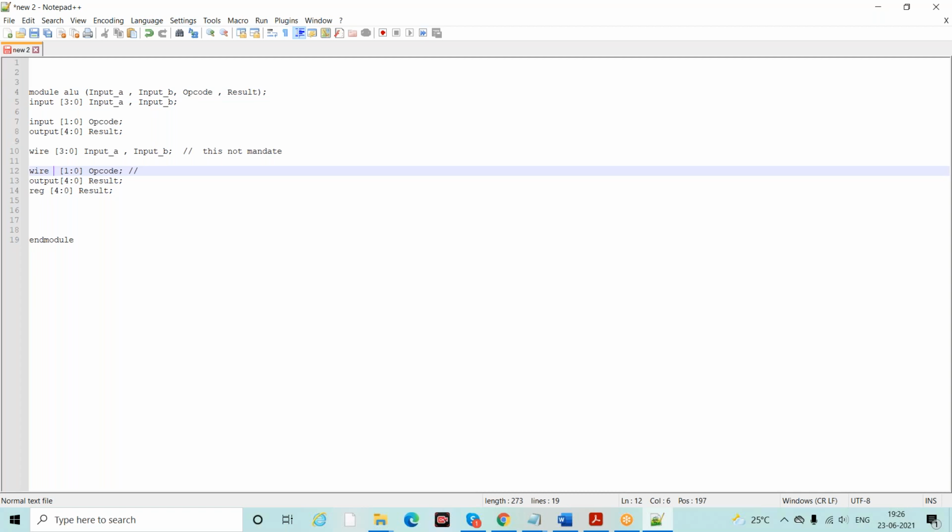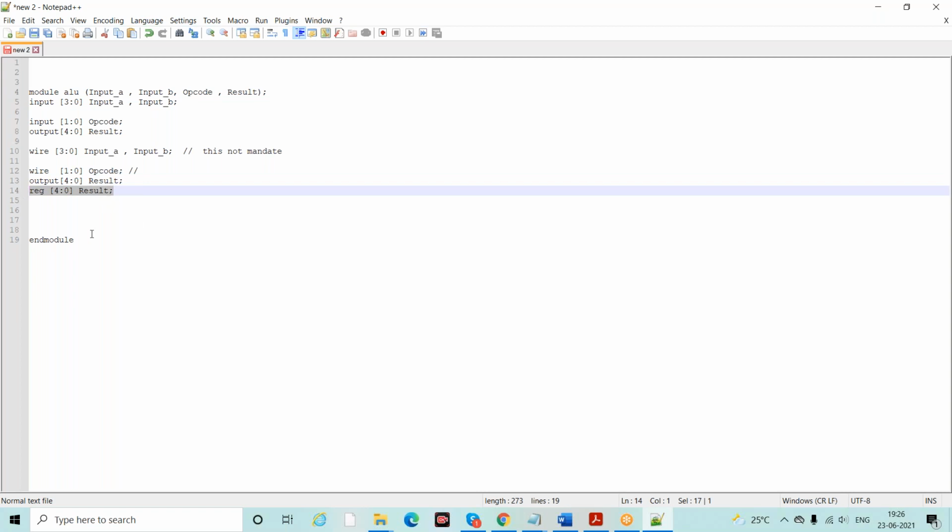If it is data flow, you can use wire. If it is structural, also wire. If it is behavioral, definitely you should declare it as register, because this variable we are going to use inside the always block.